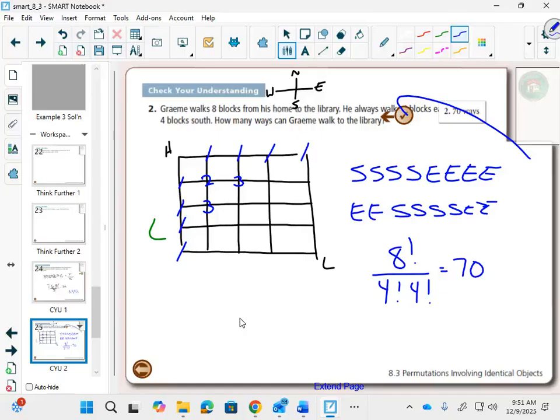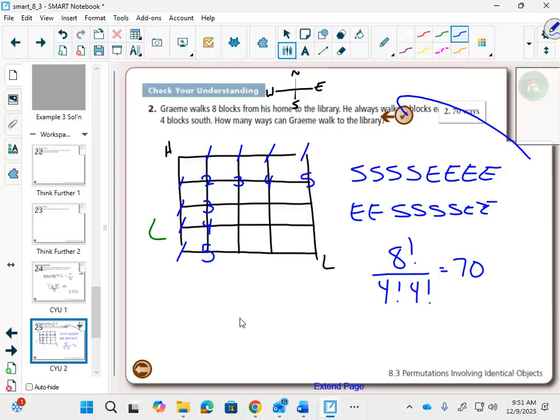Looking for a pattern. What this one will be, and what this one will be. 1, 2, 3, 4, 5. That's an easy pattern. But now there's another pattern that you can see, and you can tell me what this number is if the library was here.